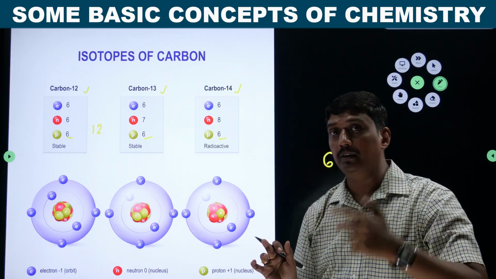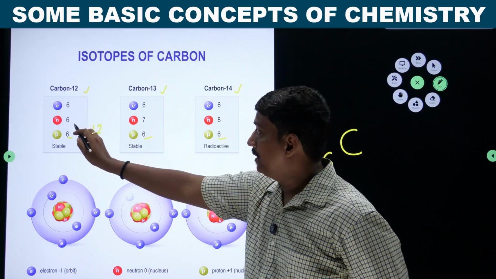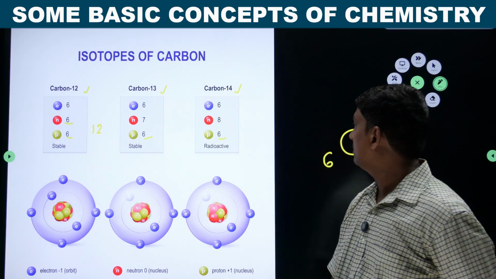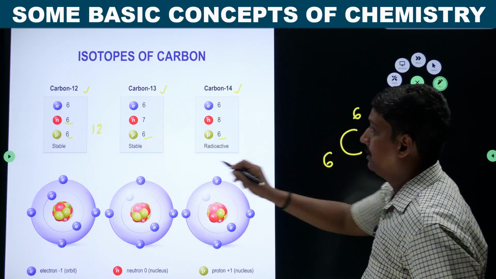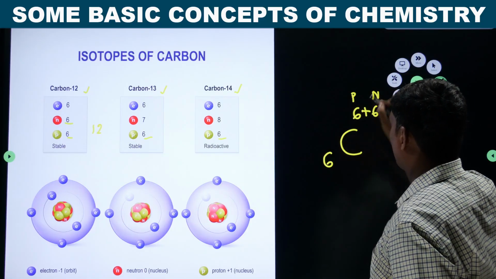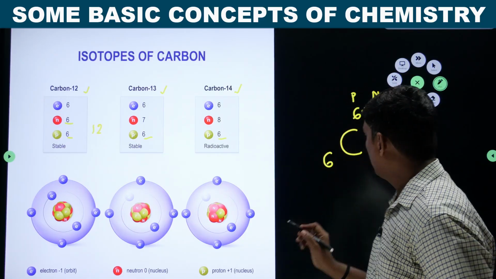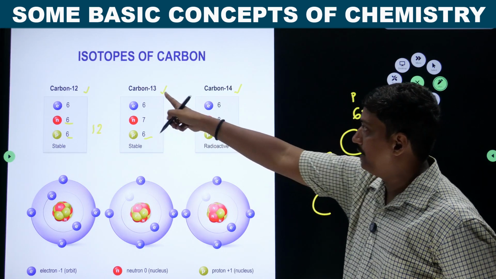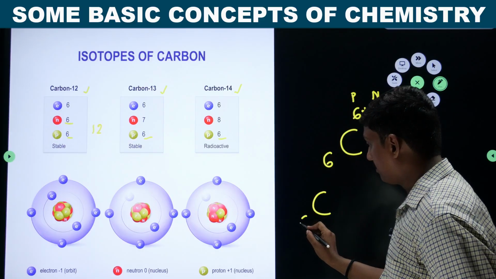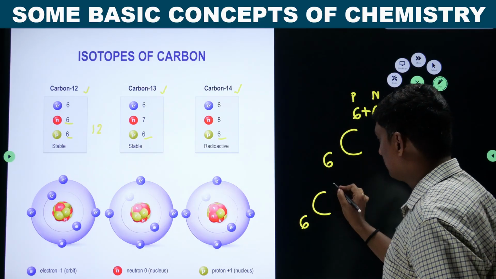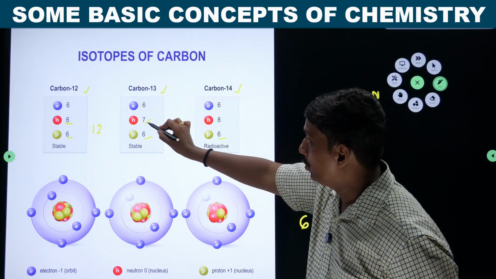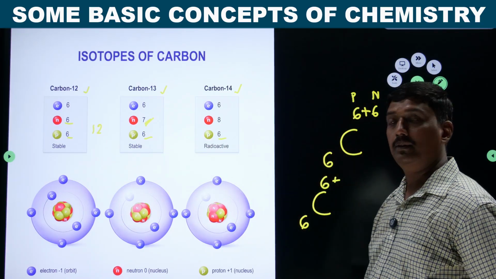But what is happening here? Observe the neutrons. In the first case, it is 6 plus 6, 6 protons, 6 neutrons. This is carbon 12. Take another, they have given 13. Being a carbon, the number of protons remains the same, but the neutron number is adding up.